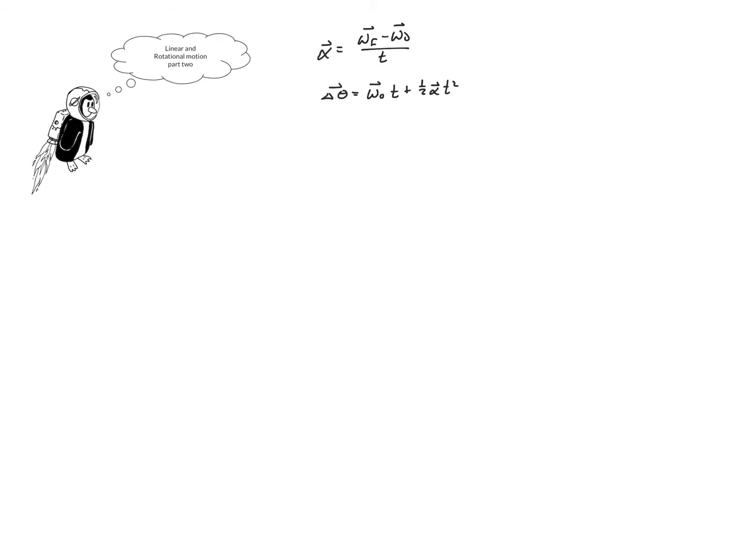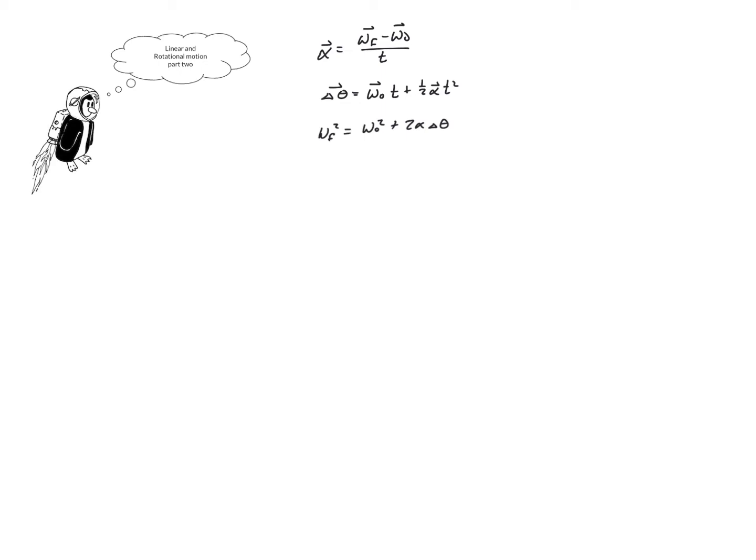The third one was not a vector equation and dealt with omega f squared equaling omega naught squared plus 2 times alpha delta theta, and just gave us the magnitudes of the quantities involved.